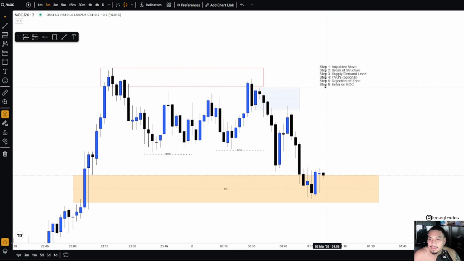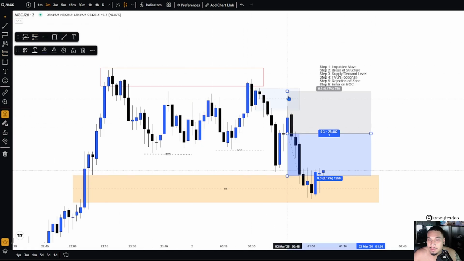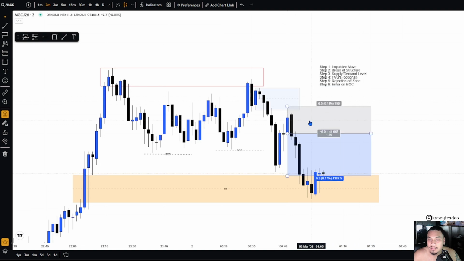So once we got that rejection, all I was waiting for is step 6, waiting on the break of this candle, since this is the candle that last touched the zone. So I was just waiting to see how this candle will play out, and this was a pretty strong bearish candle. So once price came up, rejected, oh my god, my eyes are dry.